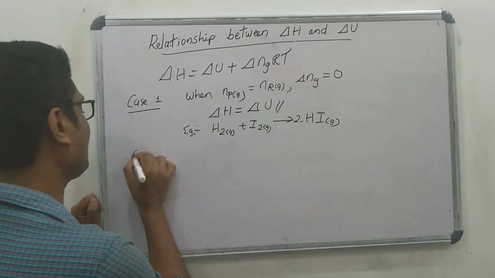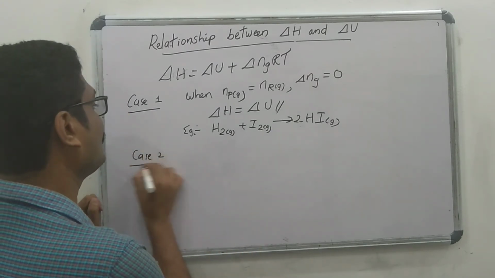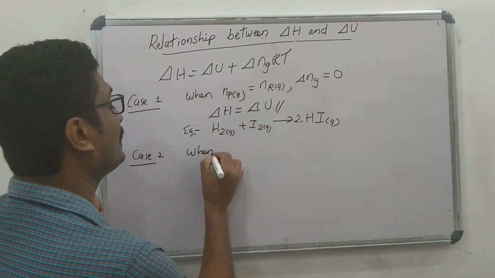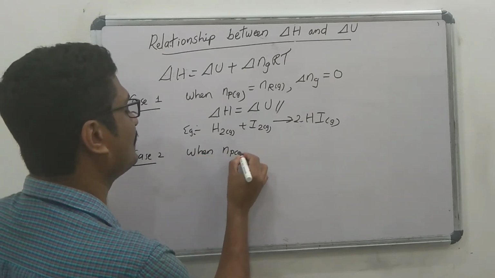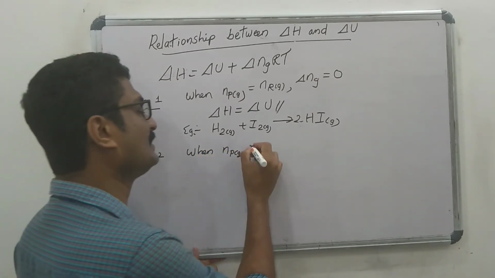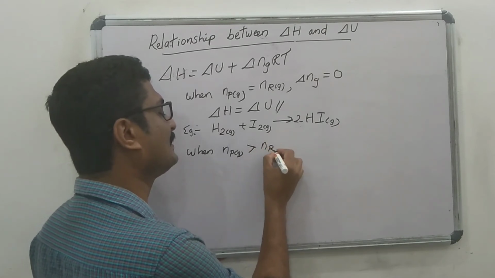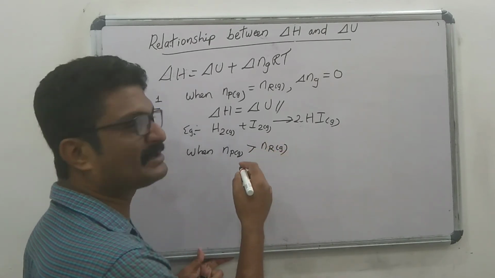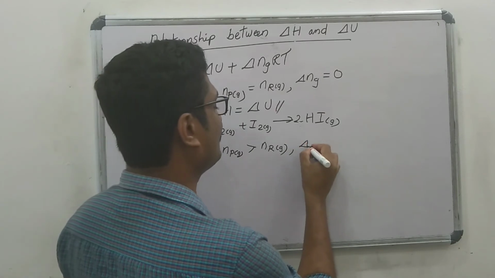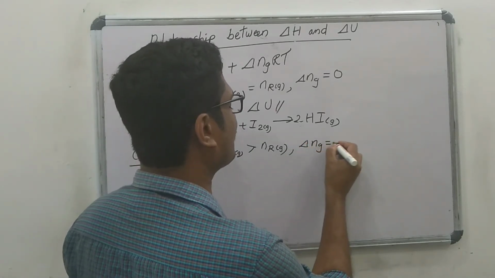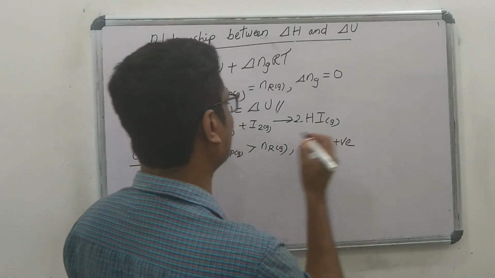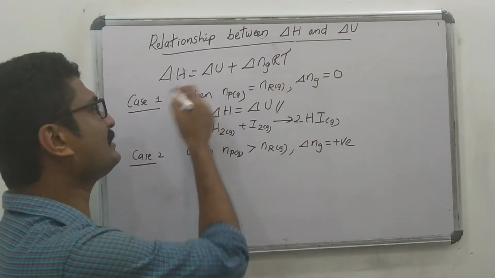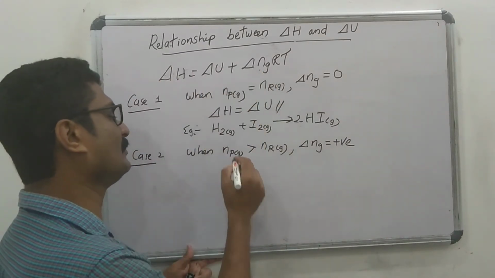Then case 2, when number of moles of the gaseous product is greater than number of moles of the gaseous reactant, then delta Ng becomes positive.